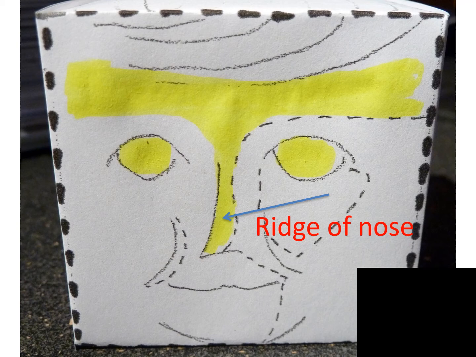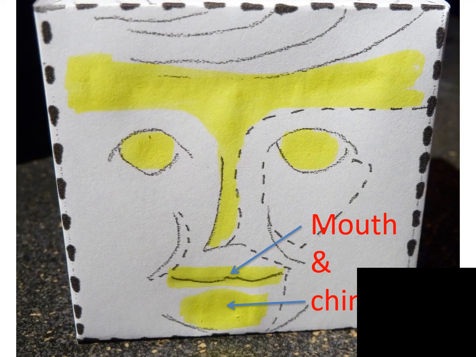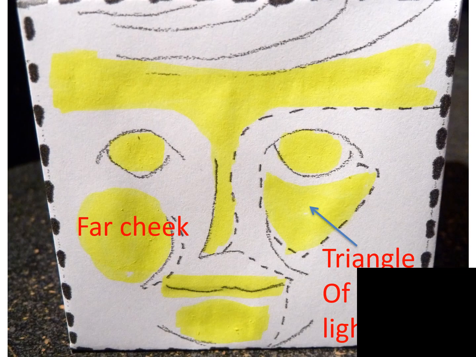The eyes, the forehead, the line of the nose, the mouth, the chin, and then this cheek, the far cheek from the camera, because the head is tilted away from the camera. That's easy. That's going to have a lot of nice light on it.